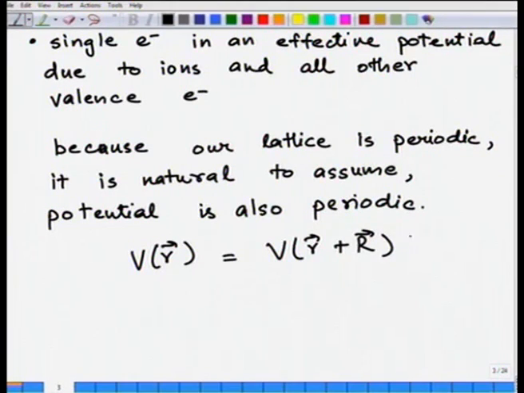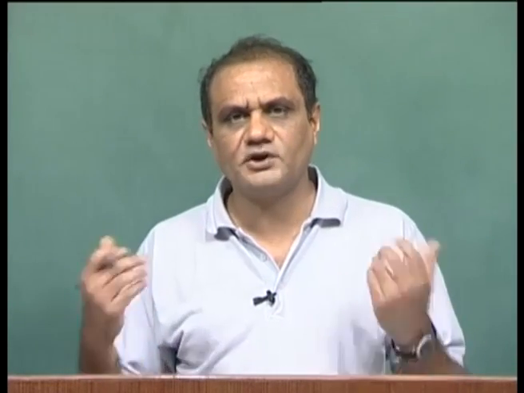Now, what we are going to do is solve this whole problem in two parts. In the first part, which I am going to start now, we do not really solve the problem. I am going to use the same energy relationship, E equal to h square by 2m k square. Whatever we got from free electron theory, let us keep the energy relationship the same, and then ask what is the consequence of the fact that the underlying potential is periodic.